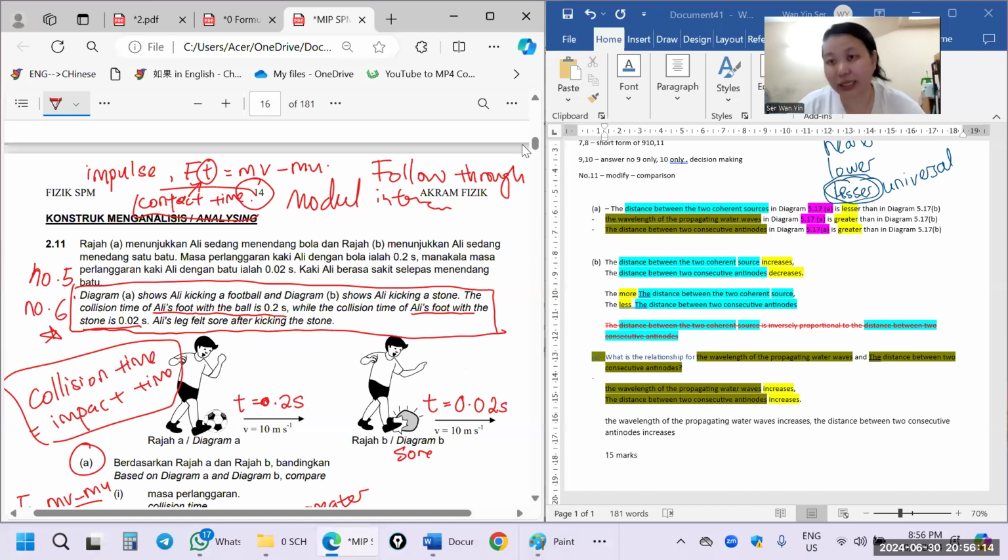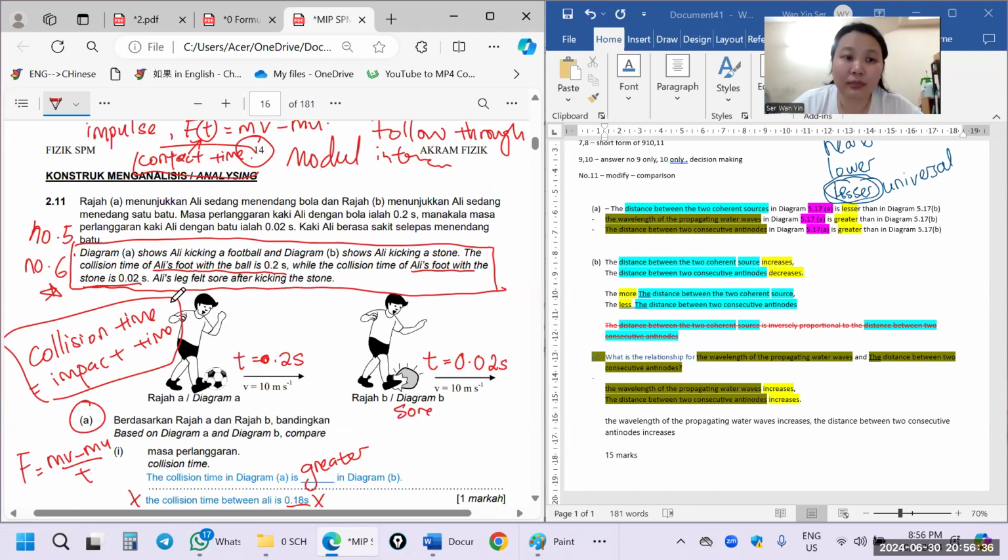For example, when you want to smash in badminton, you swing from behind to in front. A long time you are in contact with the shuttlecock. So that's follow through. That's impulse. You need a longer time.